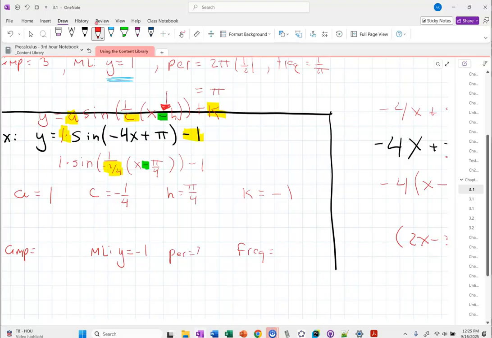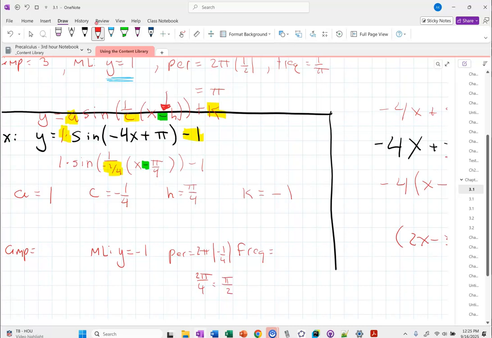So it's going to be 2 pi times the absolute value of negative 1/4. So that's 2 pi over 4. Can we do any better than that, though? Can we reduce that at all? Yeah, so make it pi over 2.